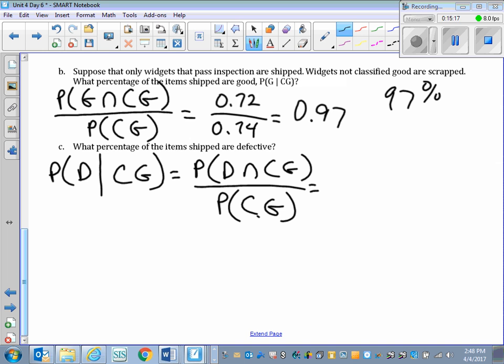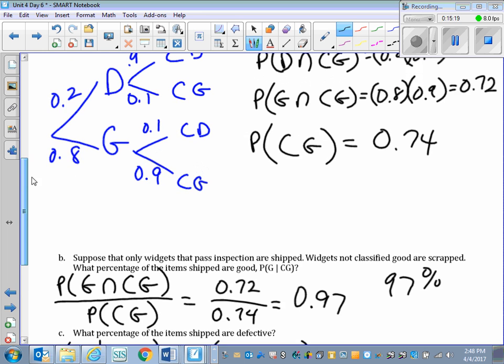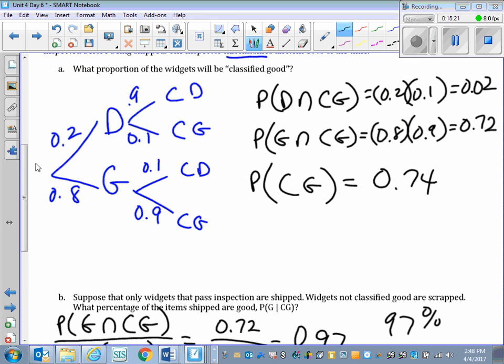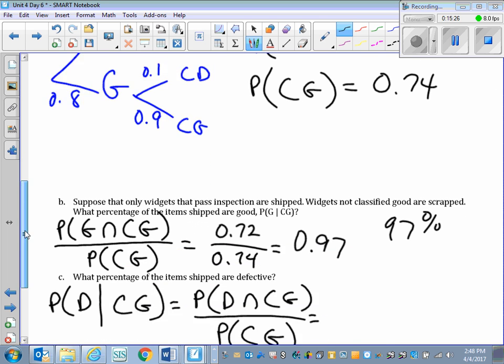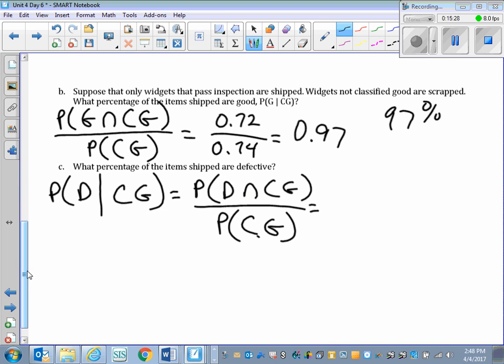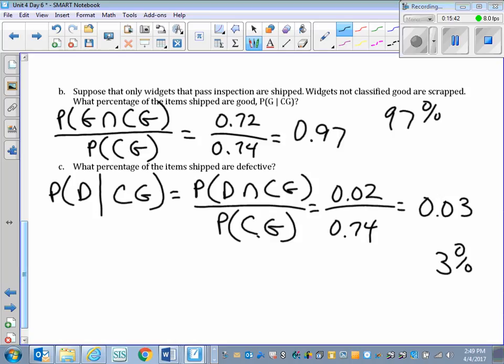The probability of being defective and classified as good, we found in the previous example to be 0.02. So 0.02 divided by the 0.74, which gives us 0.03 or 3%. Okay?